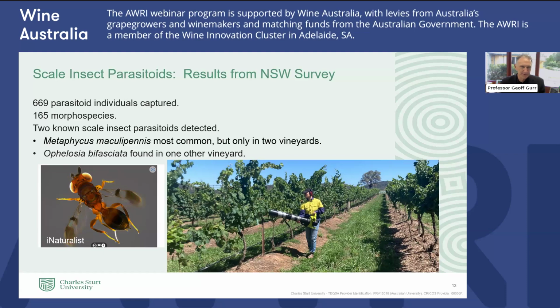One was Metaphycus, the species that I mentioned a few slides ago from the Buchanan study. This was the most common, but only present in 2 of our 6 vineyards. And the second species we found was Ophalosia, the one that you can see pictured here, but that was only present in 1 of our 6 vineyards.